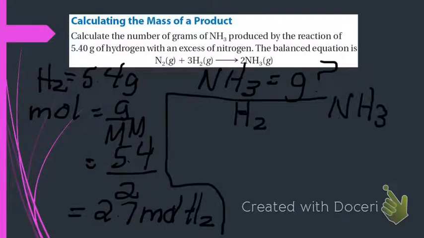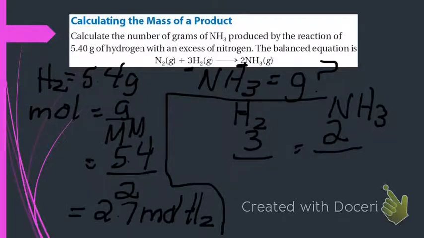Now that I have moles, I can set up my mole ratio. First, for my knowns, what goes on top, I take that from my balanced chemical equation. My hydrogen coefficient is 3, ammonia coefficient is 2. Those go on the top.